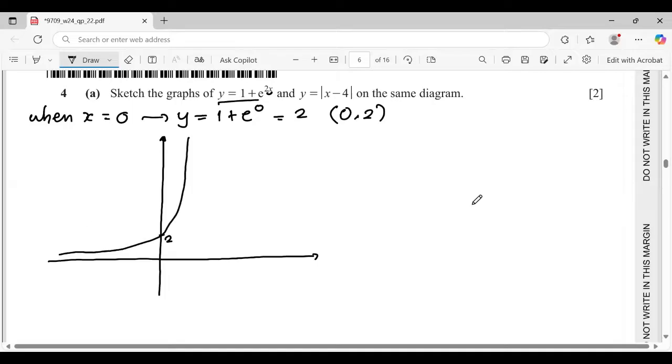So this is the graph of y equals 1 plus e to the power 2x. Now we are going to sketch the graph of modulus x minus 4. If x equals 0, y equals 4. So 4 is here.